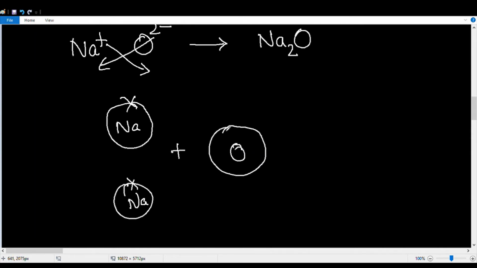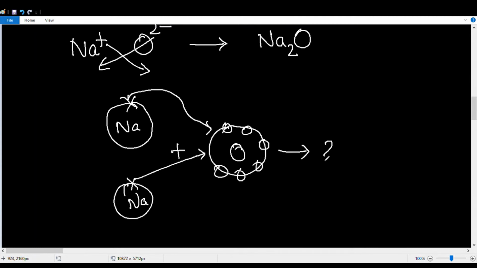Each sodium's 1 electron moves to oxygen. Then oxygen's outermost shell becomes 8, and it becomes stable.